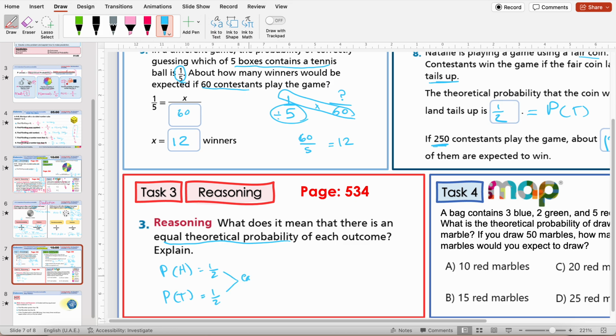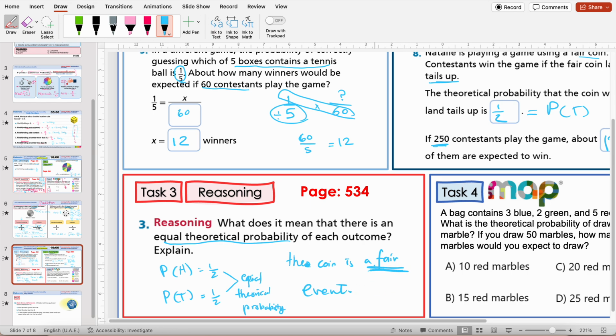They have equal theoretical probability. Do you know what it means? It means that the coin is a fair event.